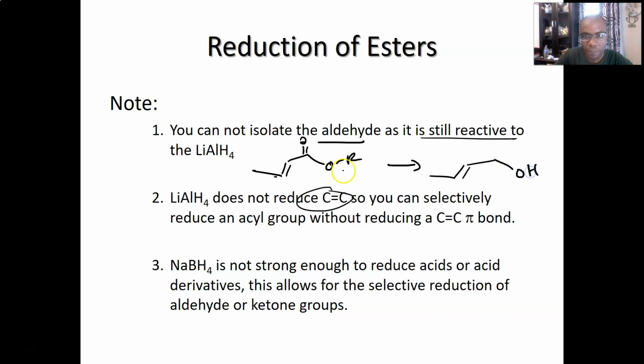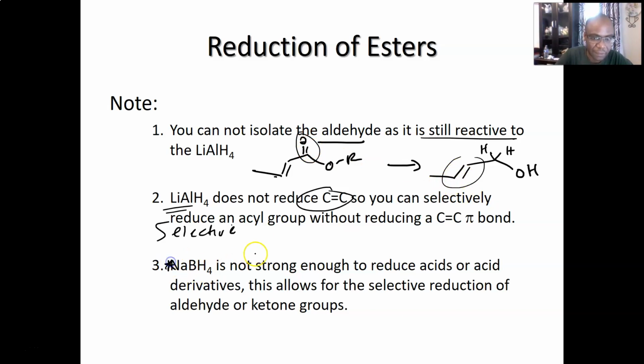You end up with that because where the carbonyl was, you're gonna put 2 hydrogens from the two hydrides, which are added stepwise. So the double bond survives, so lithium aluminum hydride is selective. It only reacts with the double bond of the carbonyl, but not the double bond of the alkene.